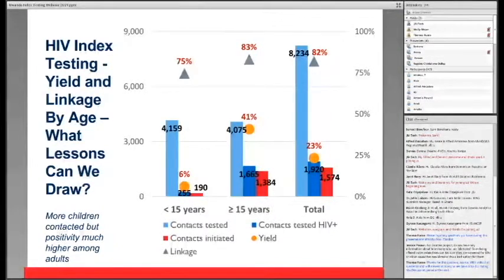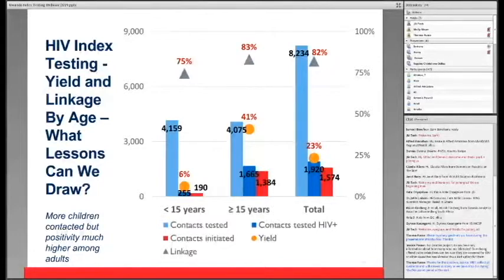All right, at this point, let me connect this to the earlier indication that we do not just reach out to the adults, we're also reaching out to the children. Of course, we know for a fact that most of the children contract HIV from their HIV-positive mothers. So it is prudent, whenever we find an HIV-positive mother, that we inquire about their children.